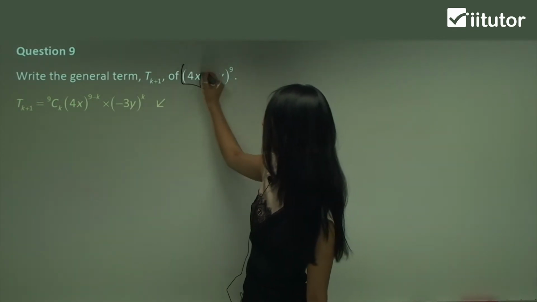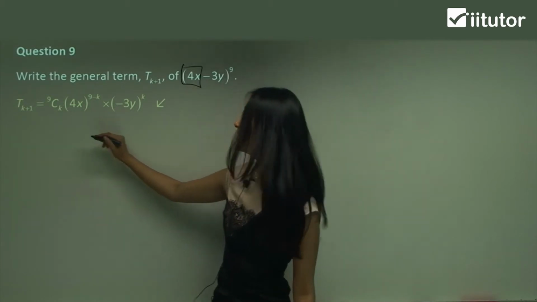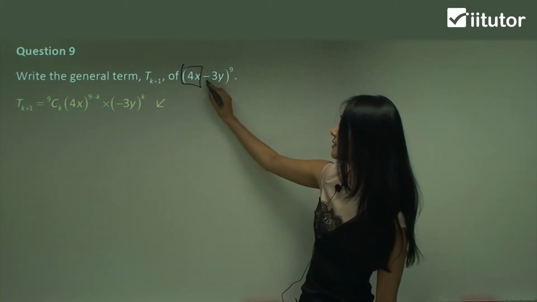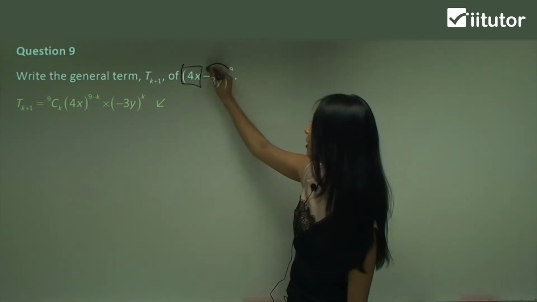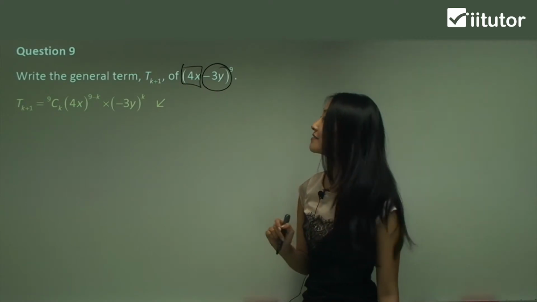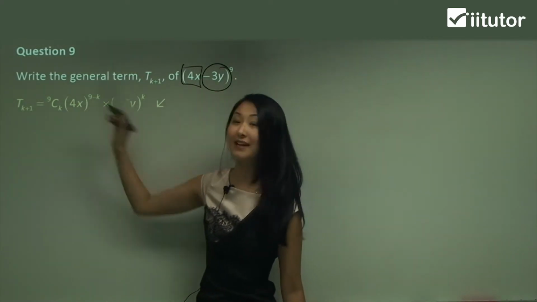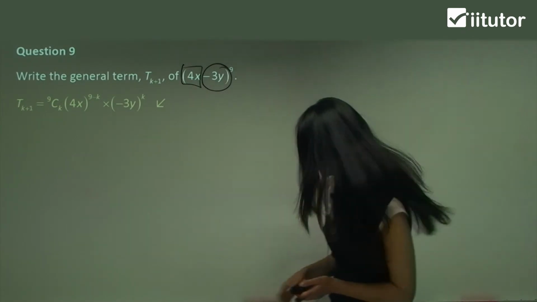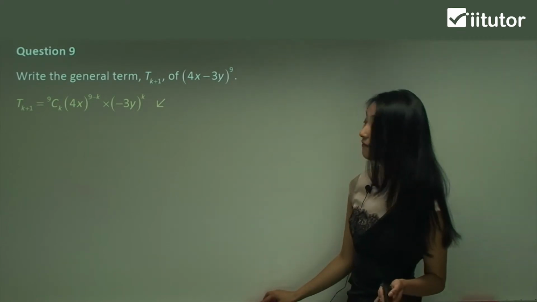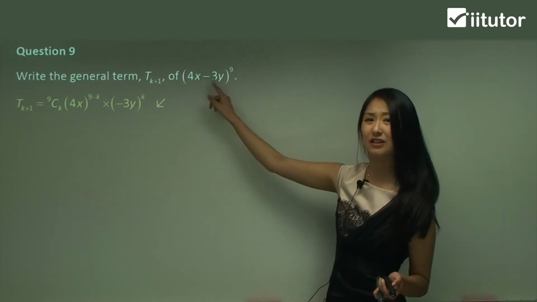Our first term is to the power of 9 minus k, easy. And then multiplied by our second term. Be careful here, because it's minus 3y, we take the whole negative 3y as our second term. So be careful with the negatives. So multiplied by (-3y) to the power of k, easy. The only thing you have to be wary of is if you see a minus there, you have to think of the second term as a negative rather than just a minus.